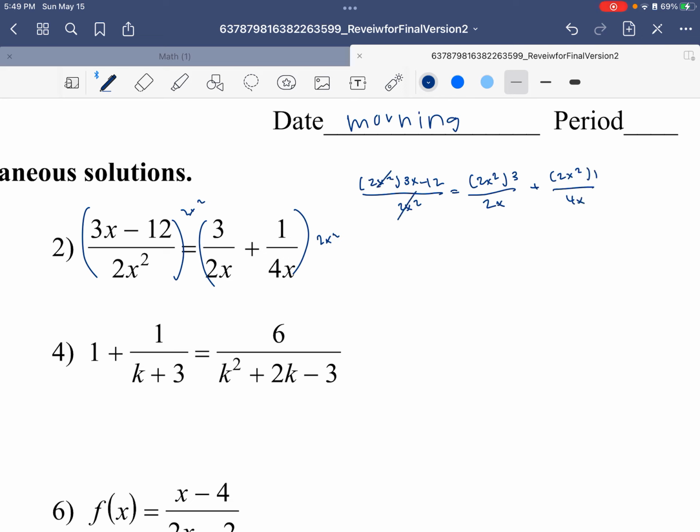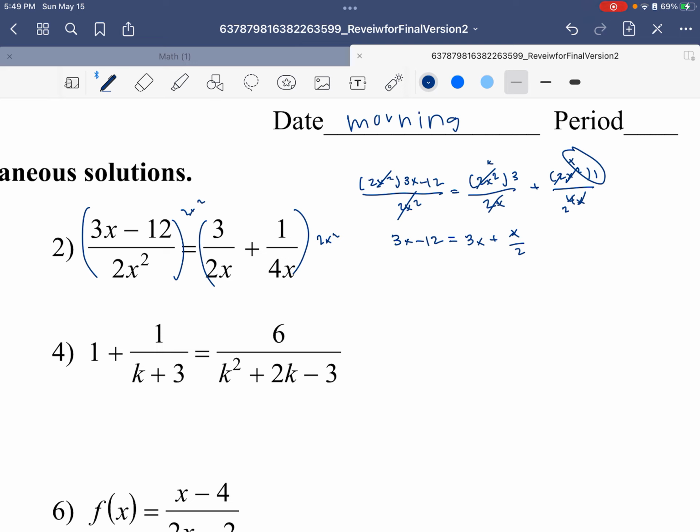This cancels out, so we're left with 3x minus 12 equals, only 1x cancels out, so we have x inside still, x times 3 is 3x, plus, and then we have 1x cancels out, and then 2 goes into 4 twice, so we have x over 2, and x times 1 is just x.